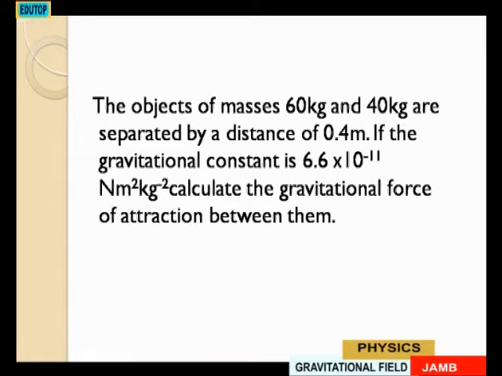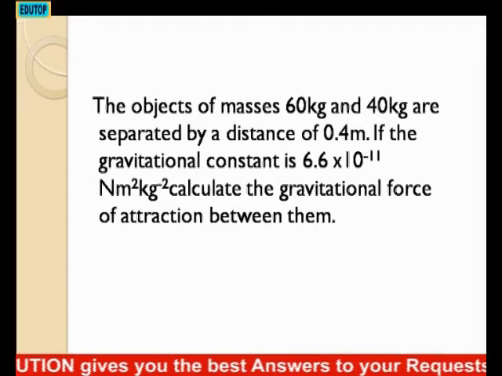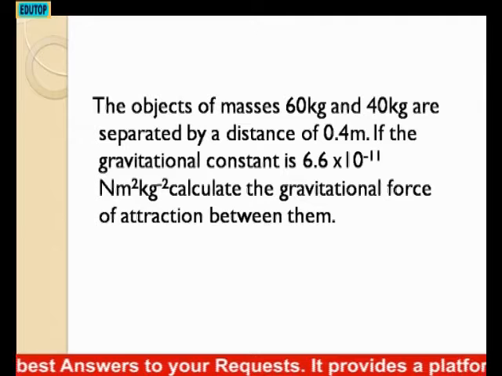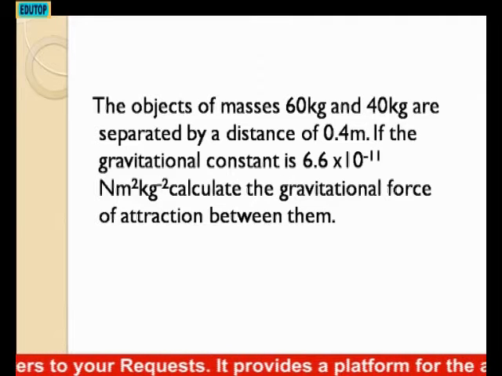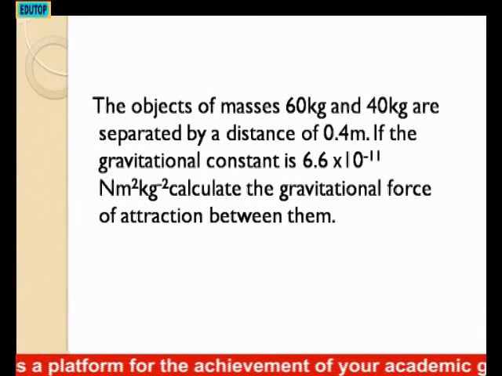We are given M1 to be equal to 60 kg, M2 to be equal to 40 kg, the distance between the two masses to be equal to 0.4 meter, and the value of G, the gravitational constant, to be 6.67 times 10 raised to power minus 11.